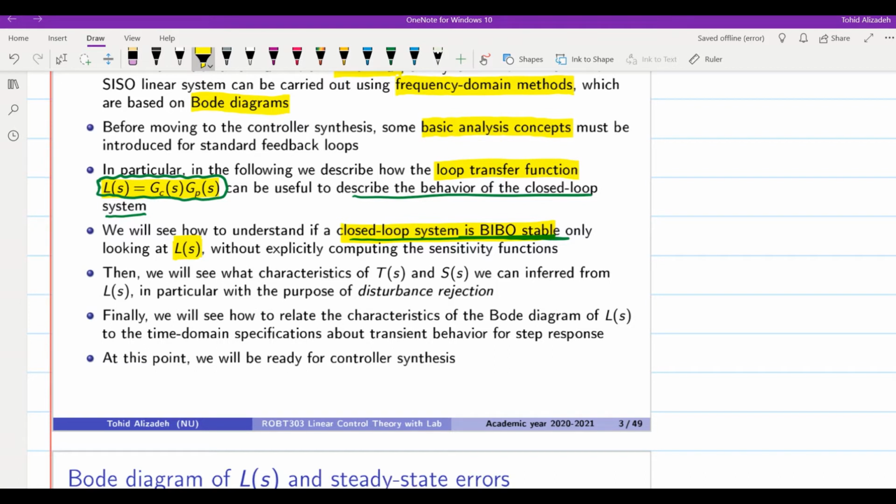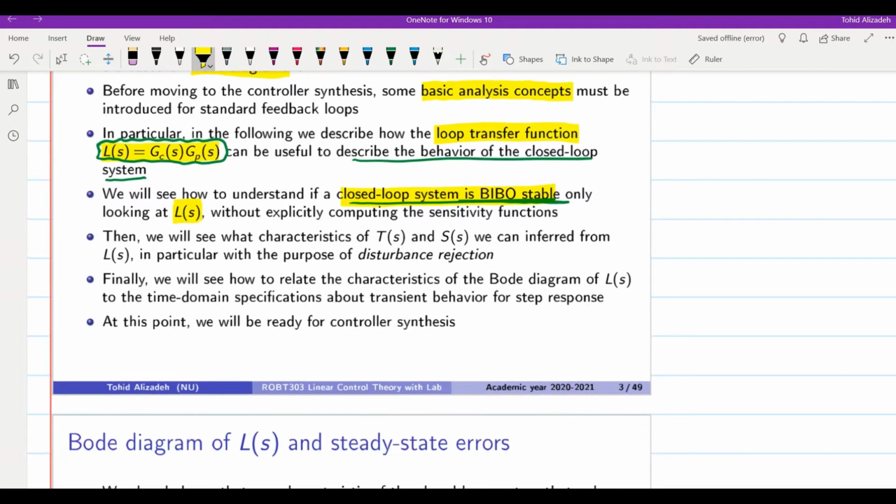If it's not stable, we might try to change L(s) in order to make the system stable. We will also see what characteristics of T and S, the closed loop transfer function and the sensitivity function, can be inferred from L(s), the loop transfer function.